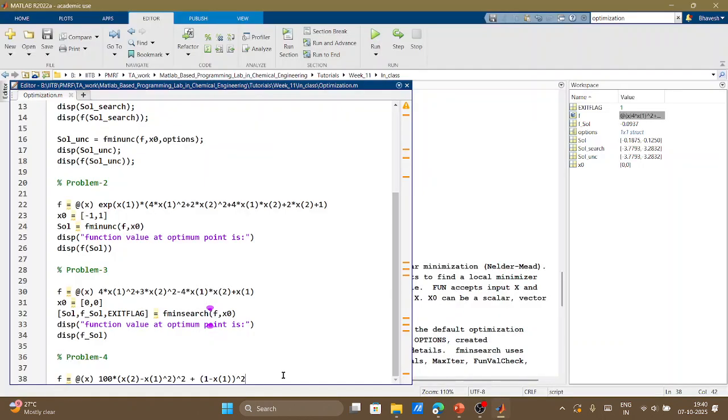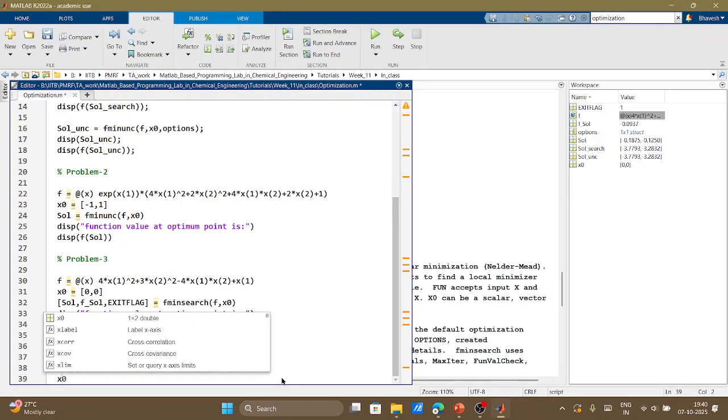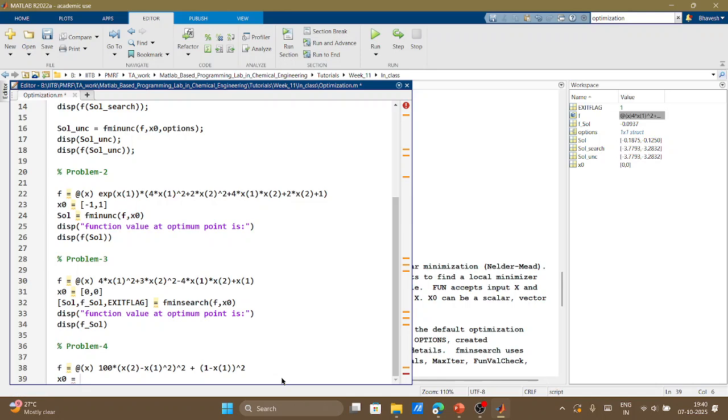Okay, so this is one thing done. The x0 value is given as 1 comma 1.